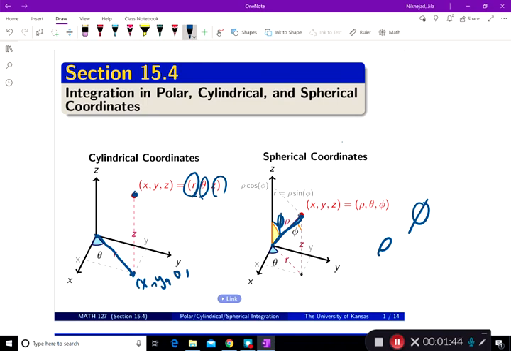So what you do is you realize that the relationship between z and rho and phi is z is equal to rho cosine phi.